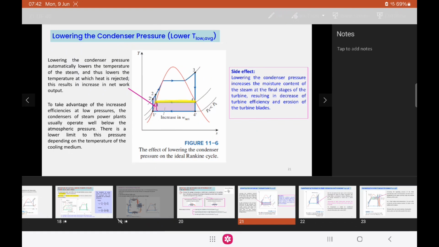So when we lower the condenser pressure, you can see now it is at 4 prime. The process in the condenser is from 4 prime to 1 prime. So this actually increases the net work area of the cycle. We know that when we increase the net work area, we are increasing the thermal efficiency of the cycle, because thermal efficiency equals net work over Q in.